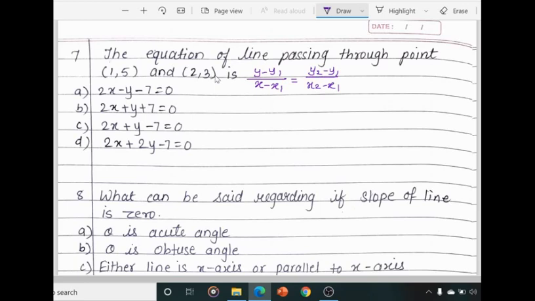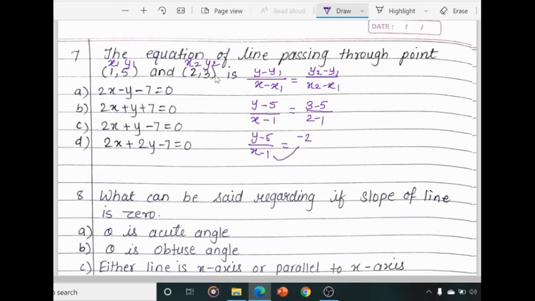So we need to write down the values of x1, y1 and this is our x2, y2. Use these values and solve. So y minus the value of y1, 5, upon x minus 1 equals 3 minus 5 upon 2 minus 1. Solve this, we get y minus 5 upon x minus 1 equals minus 2.